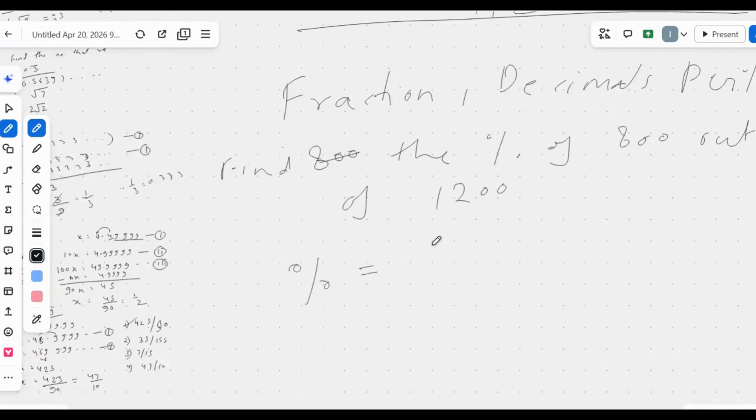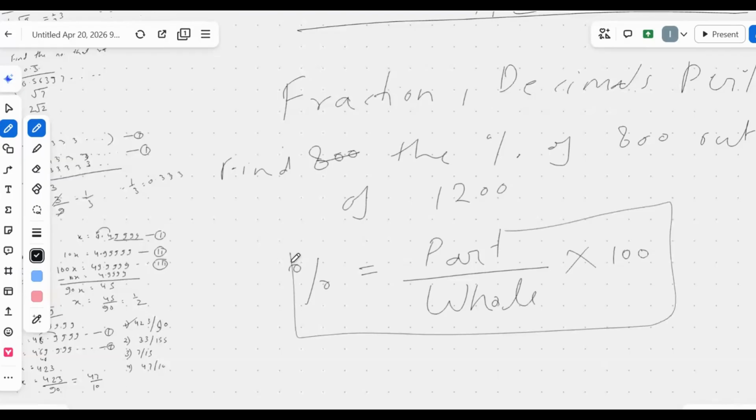Percentage equals part over whole, times 100. The part is what we are finding the percentage for, and the whole is the total number given. That is the formula for finding any percentage.